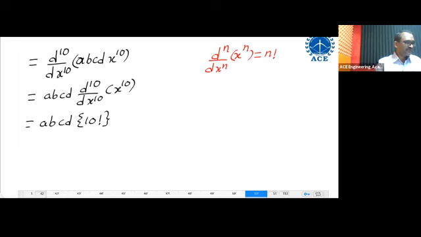In this same manner, you can try this problem. Last problem, note down and try yourself. I'm just giving the problem only, similar to the previous problem.